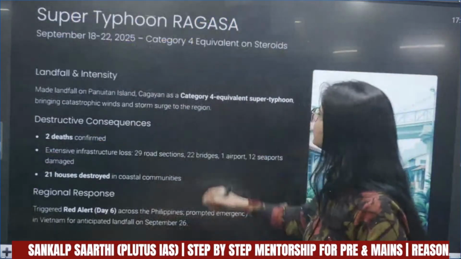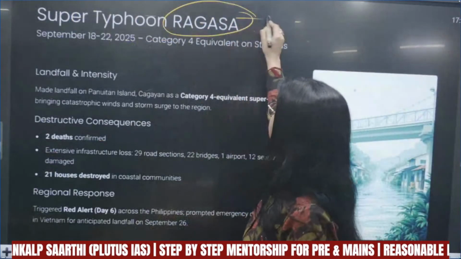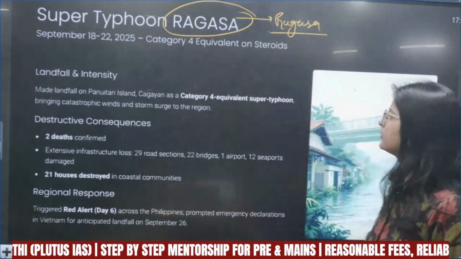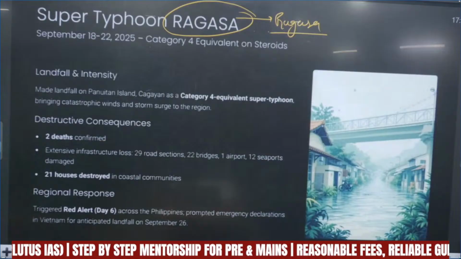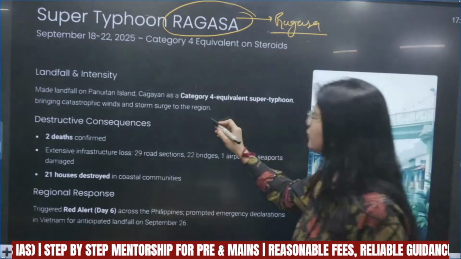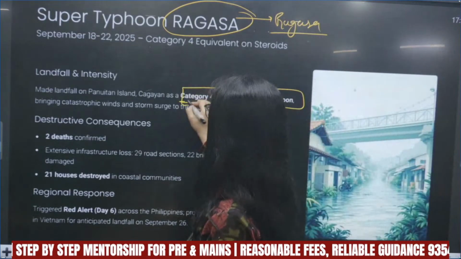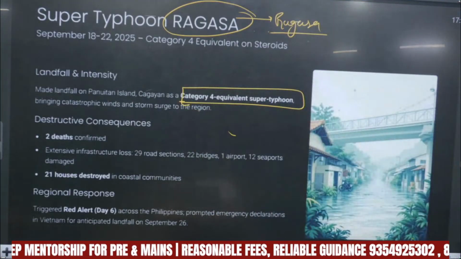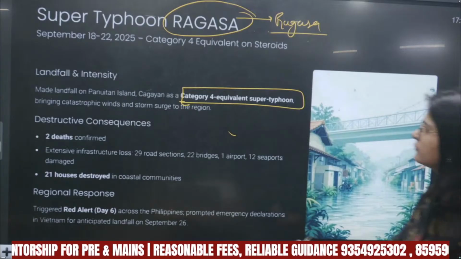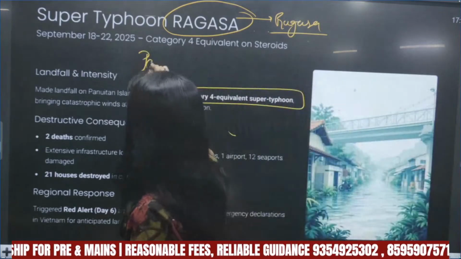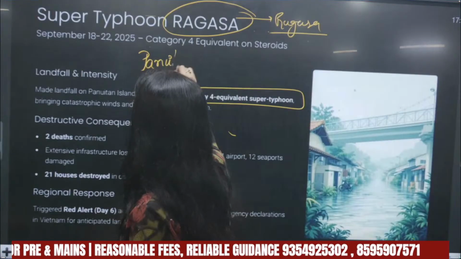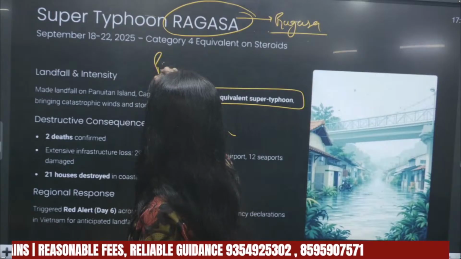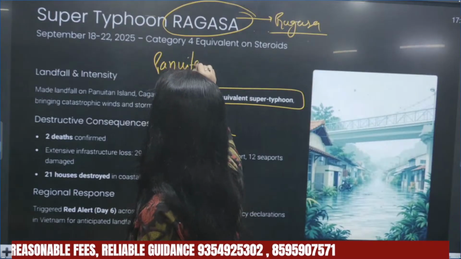Then there was a super typhoon. You call it Ragasa. Right? This was also quite destructive. It was a category 4 equivalent super typhoon. It made a landfall on Uttar Island.